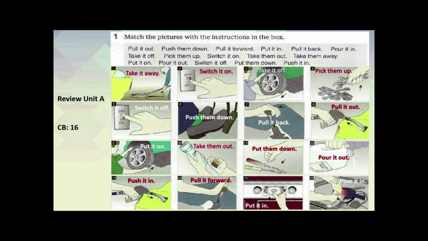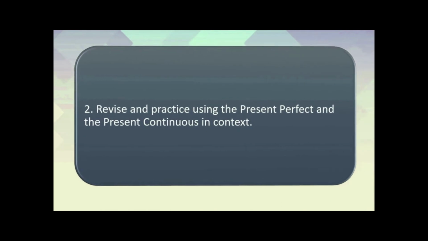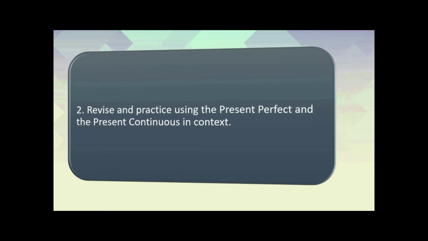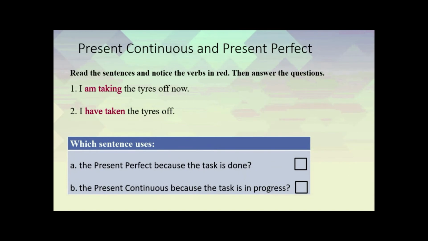Moving on to our next objective, that is revise and practice using the present perfect and the present continuous in context. Now, read the sentences and notice the verbs in red. These 2 sentences. Then answer the questions.